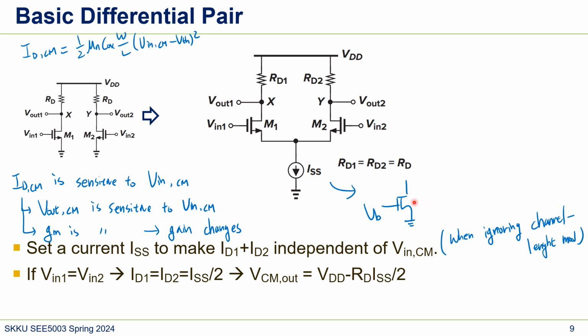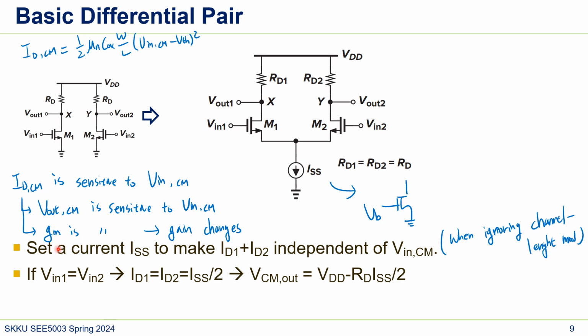If there's no channel length modulation, the current of this MOSFET is always ISS. So the summation of ID1 and ID2 is independent of V in Cm. Even if we consider channel length modulation, we can still keep the summation of these two currents as ISS.